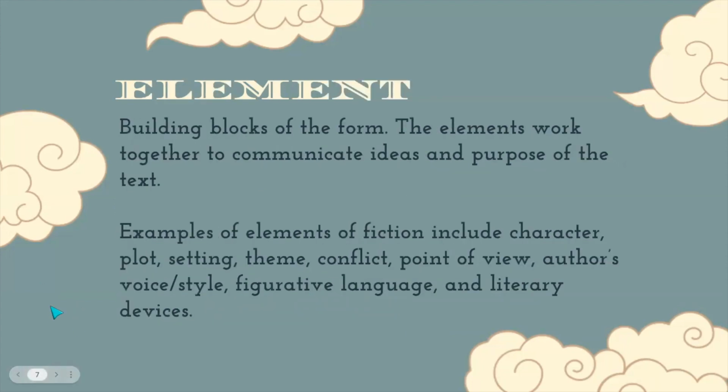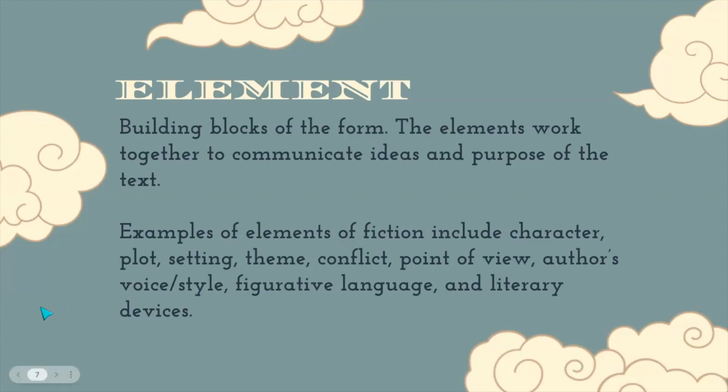Elements are the building blocks of the form. So the elements of whatever the text is work together to communicate the ideas and the purpose of the text. You might not see the word element explicitly in the curriculum, but they exist because we're talking about different forms. So elements of fiction can include things like character, plot, setting, theme, conflict, point of view, author's voice or style, figurative language, literary devices, and of course, there would be elements of nonfiction as well.